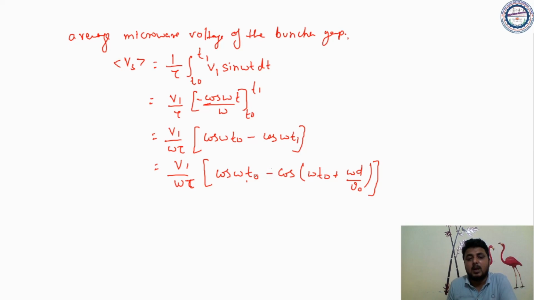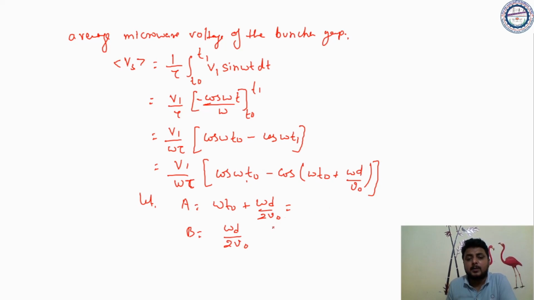Either you can use the trigonometric identity for cos A minus cos B, or you just assume let A be equal to omega t0 plus omega d by 2 v0, and B is equal to omega d by 2 v0.